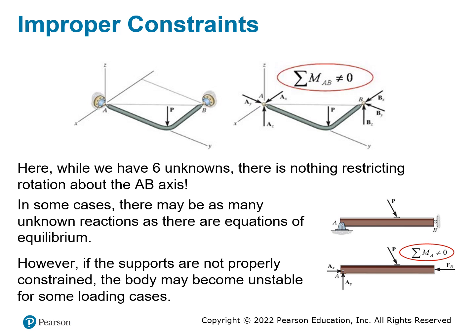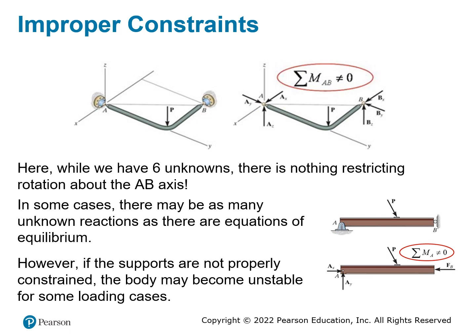In this example, you can see that we have a support at A and a support at B. Both supports are ball and socket supports. When you have a ball and socket support, it rotates freely in any direction, but it prevents movement. So you have Ax, Ay, Az, Bx, By, Bz.